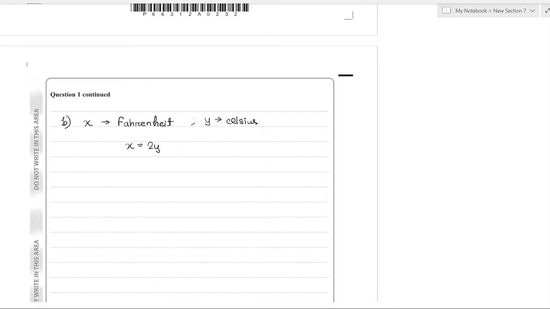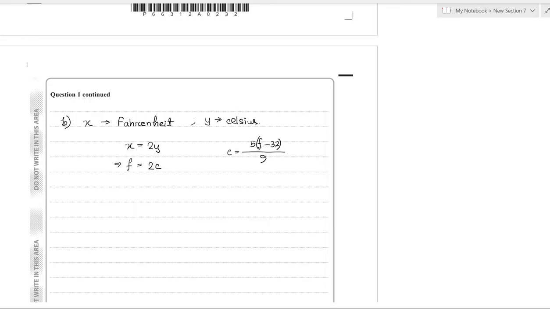So now, as X is F and Y is C, we can say that F equals twice C. Now moving to the first part, the value for C was 5 bracket F minus 32 bracket close over 9.